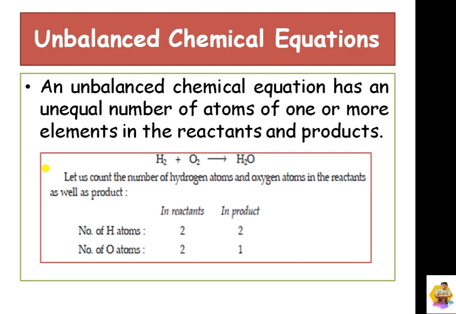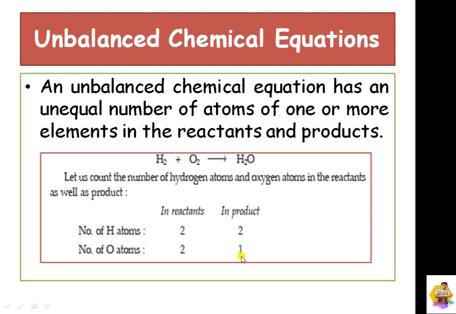We can clearly see that the number of hydrogen is the same on the product side, that is 2, and on the reactant side, that is 2 also. But in case of oxygen, on the reactant side it is 2, but on the product side it is just 1.